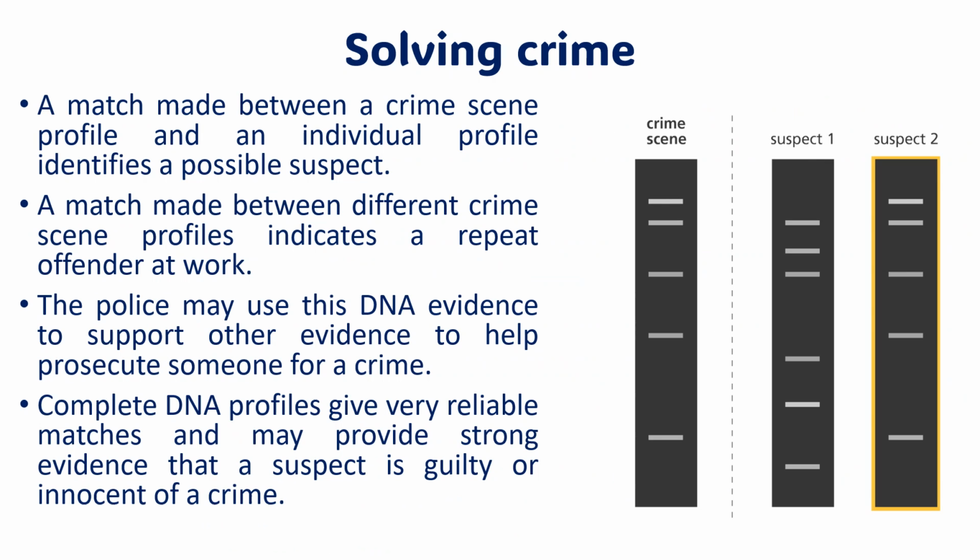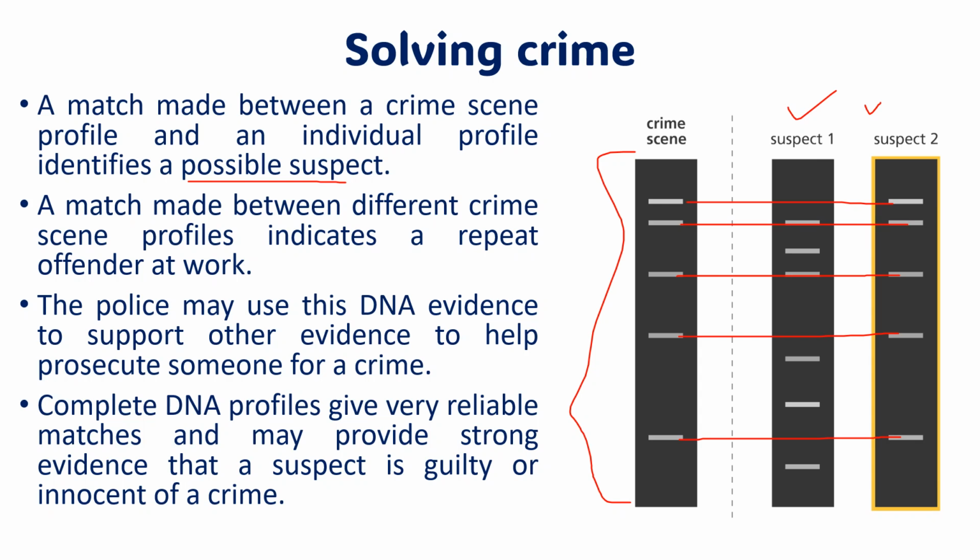Now, if you see here, a match between the crime scene profile and an individual profile is used to identify a possible suspect. This is the STR profile of the sample from the crime site, and these two are the suspects. If you see the match of the electrophoretic pattern, this is matching with this one, this with this one, and this with this one.